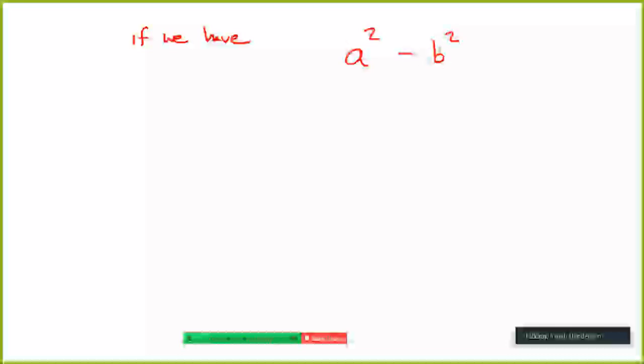So our 16, if you wrote that as a number being squared, would be 4 squared. Then this is equal to, every time, a plus b times a minus b. And that's why I wrote my example, x plus 4, x minus 4.